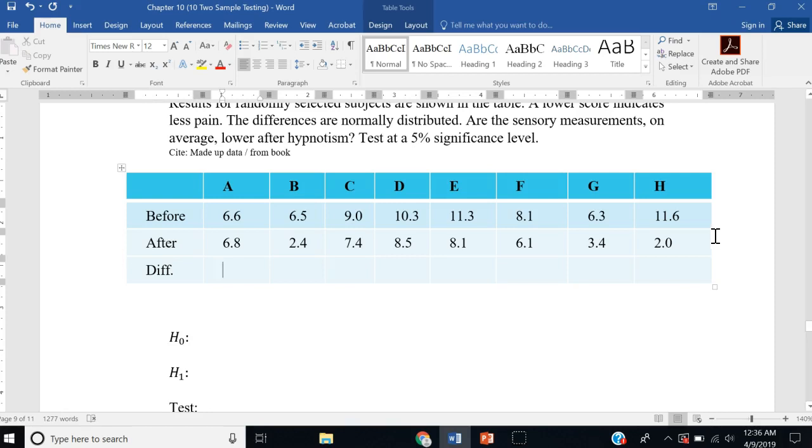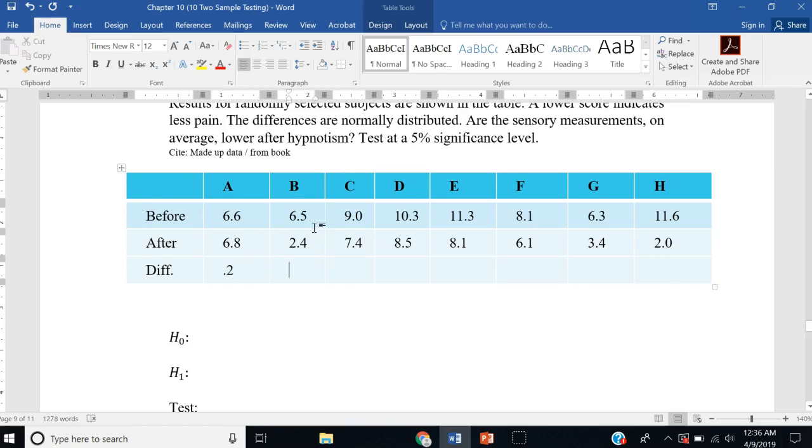Now, I want to be very careful how I subtract. What I always do is say, going from before to after is a change of, in this case, 6.6 to 6.8. That's a positive 0.2.